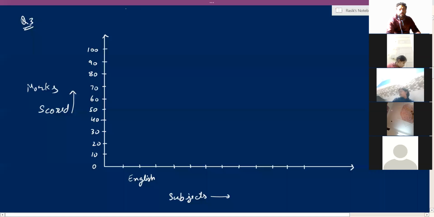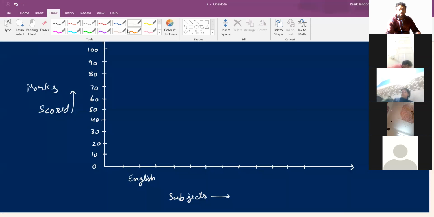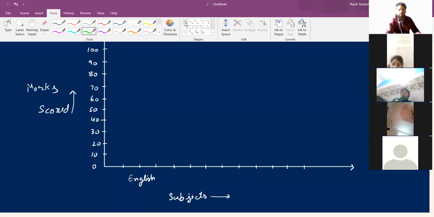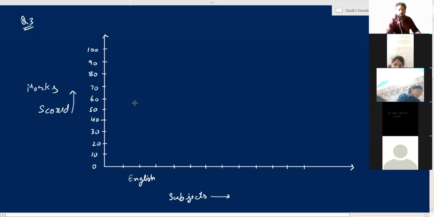So the first bar for English. Now I am taking green color for half yearlies. Let me show you. What is the marks scored in half yearly English?